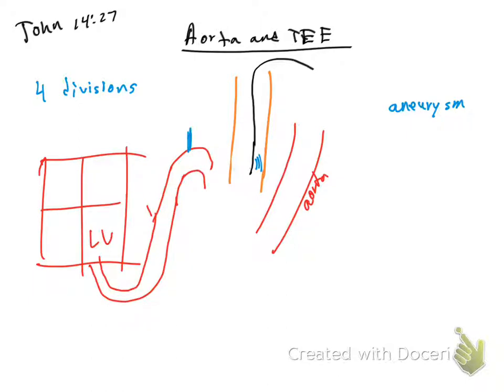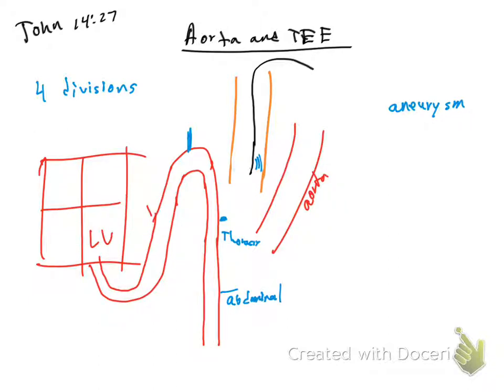Then we have the descending aorta, which is this one here, but this is in the thoracic. And then we continue with the aorta, which is going to be the other descending, but this is going to be in the abdominal aorta.